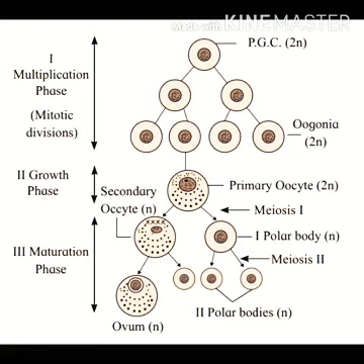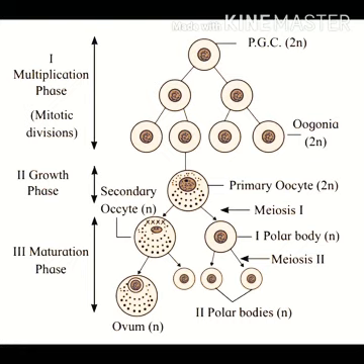Means what? Out of the two haploid cells from the primary oocyte, which is diploid in number, only one cell acts as a secondary oocyte, which is haploid in number, and this secondary oocyte undergoes meiosis II only up to metaphase II. Its division is further stopped or arrested at this stage.